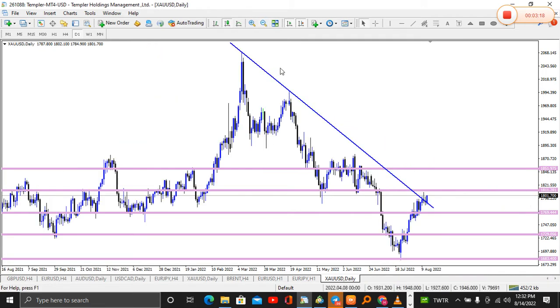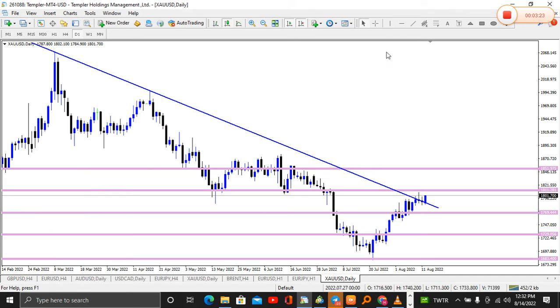Now when I look at the market, we clearly see that this week the market for gold was in a little bit of an uptrend, making higher high, higher low, higher high, higher low. After making higher highs and higher lows, it broke our resistance level, came back and retested it.